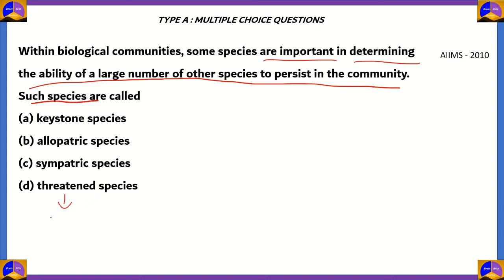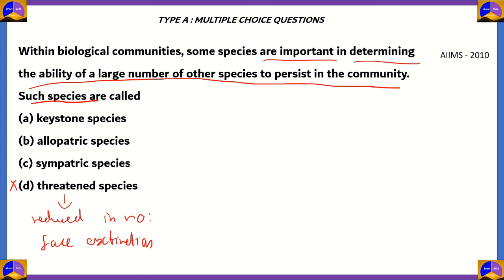So threatened species are species which are reduced in number and they face extinction. So therefore option D is incorrect. What about option C, sympatric species?